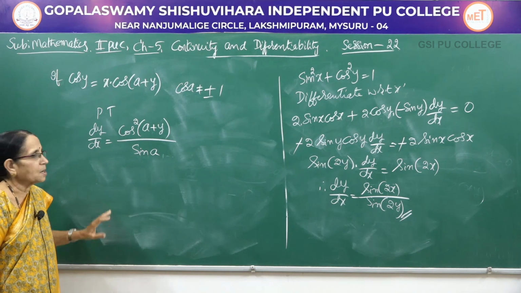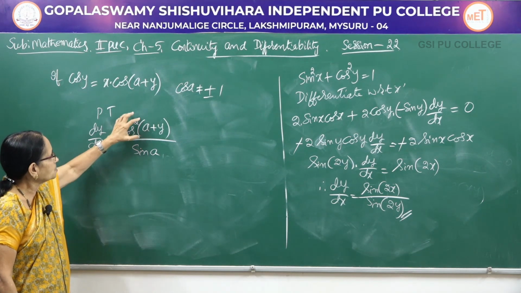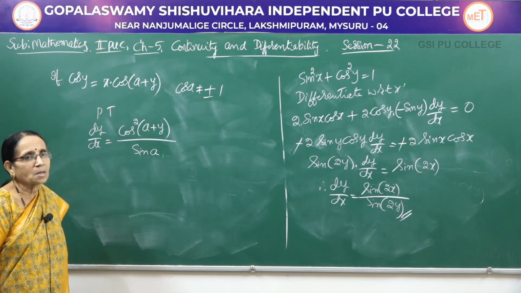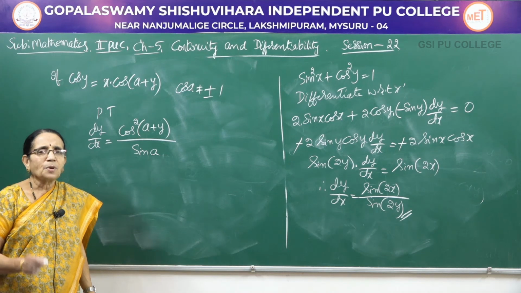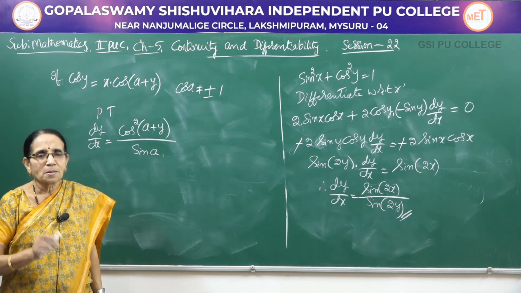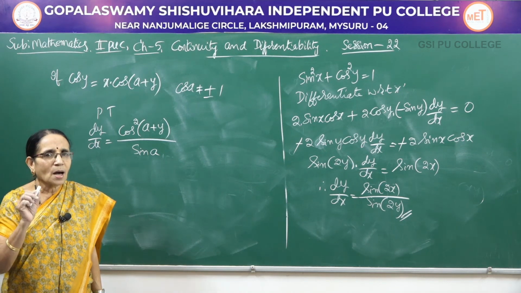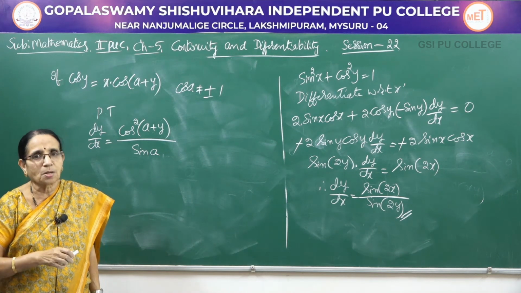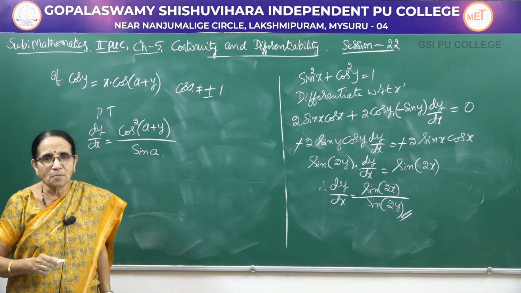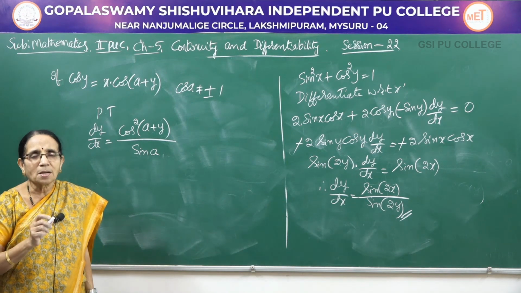Now look at the answer here: dy by dx equal to some square term, in the numerator. Which formula, if you apply, gives you a square term? Think a little bit. When you have a function in the form of a quotient, u by v, how do you differentiate it?